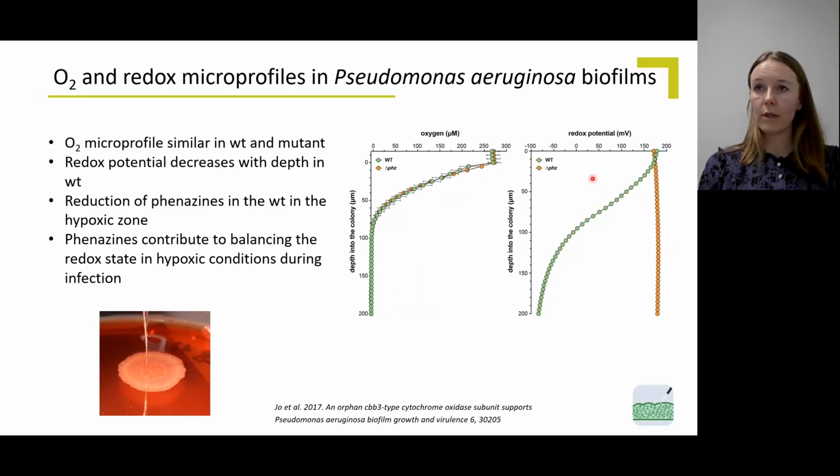But when we looked at the redox potential, it decreased with depth in the wild type, but stayed the same in the mutant. So this decrease showed that these phenazines contribute to balancing the redox state under the hypoxic conditions. So this is important knowledge about the microenvironment in these colony biofilms.